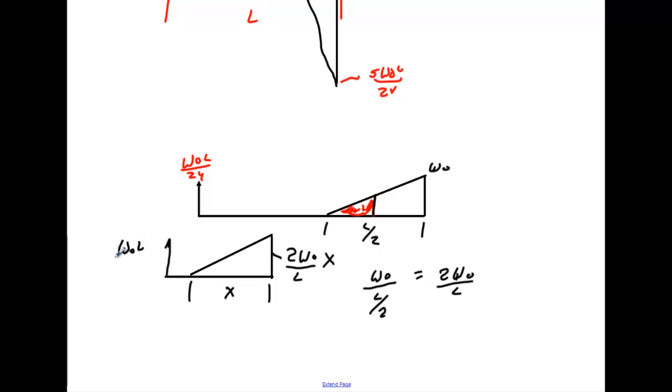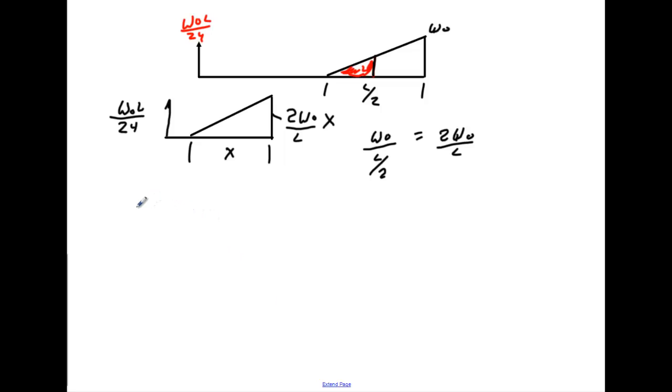This probably sounds a little confusing, but as you do more of these, it really is not bad at all. Alright, so now we're ready to go. We set these equal to each other, so WOL over 24 is equal to this area here.